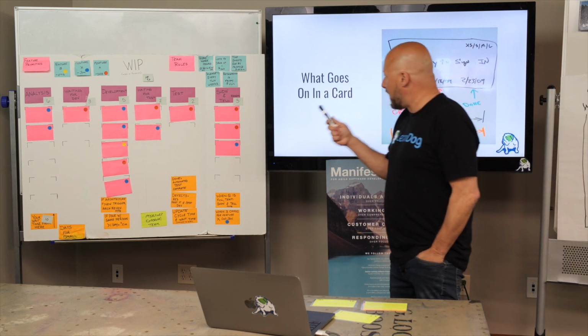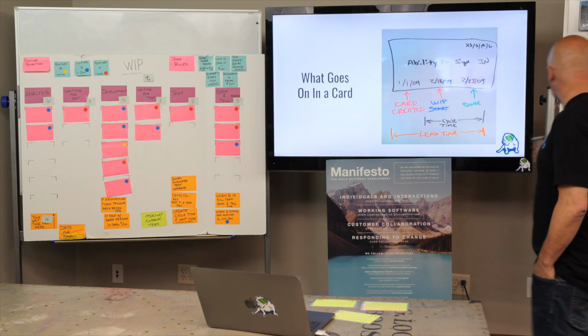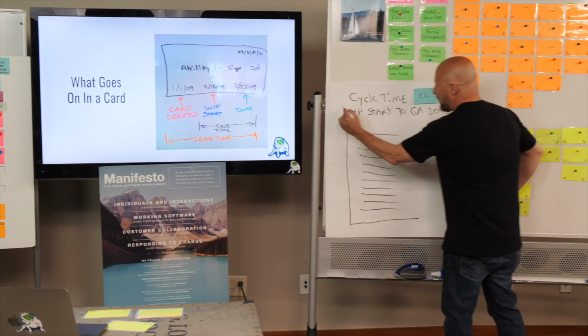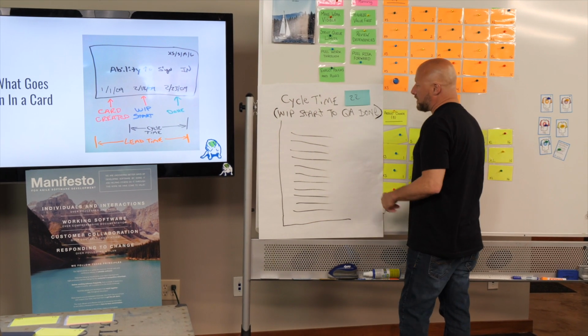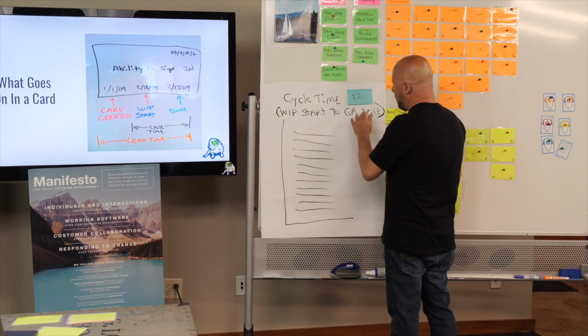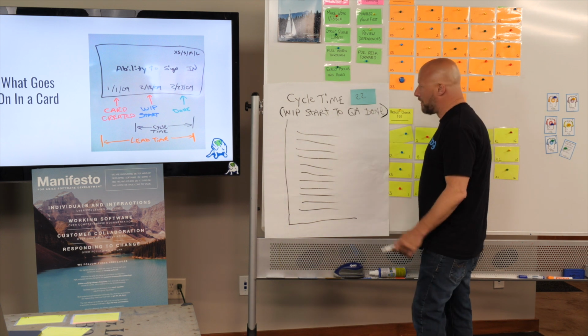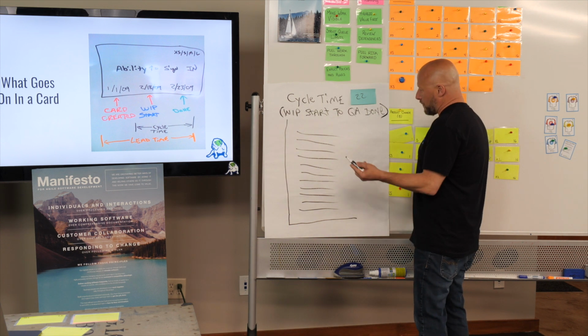So every time the tester gets it to done, the tester's gonna walk over here and they're gonna go to their cycle time chart. If you notice, we called it out, we're measuring WIP start to QA done. We have a limit of 22. We're measuring 22 things. We have about 22 things on that board. And it's first in, first out.